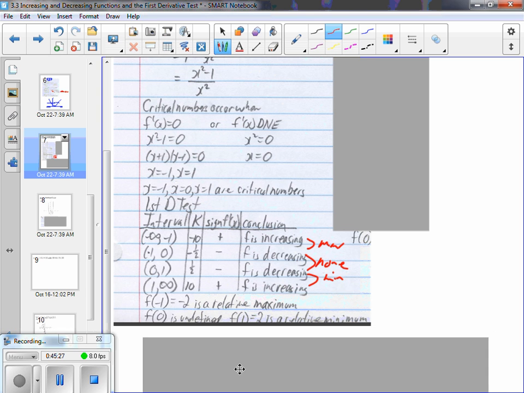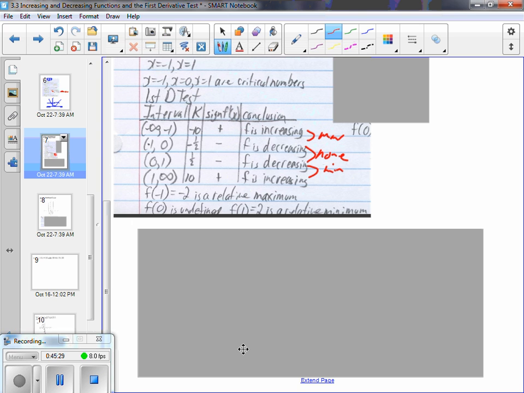Now, go back to the original function to find those values. I know that f of negative 1 is a maximum. I know that f of positive 1 is another relative, or is a relative minimum. So, go find them. Go back to the original function, plug in negative 1, you get a maximum of negative 2. Go back, plug in a positive 1, you get a minimum of positive 2.